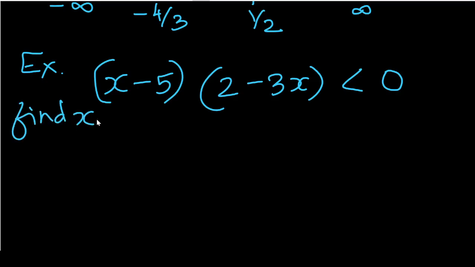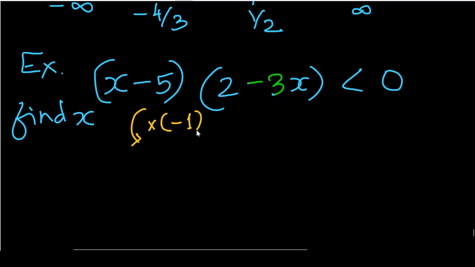As you can see, the coefficient of x in this factor is negative, guys. So what we can do is multiply by minus 1 on both sides and see what will happen.